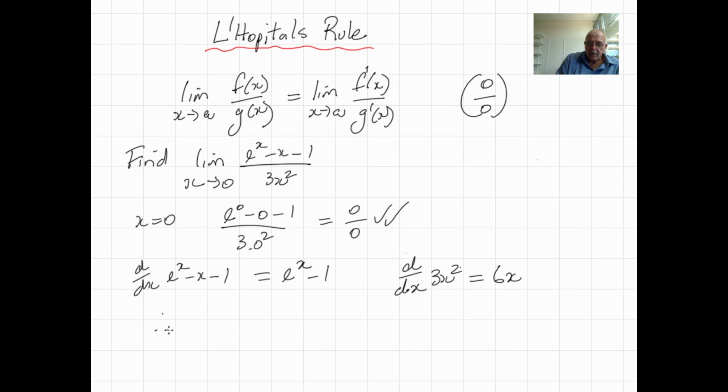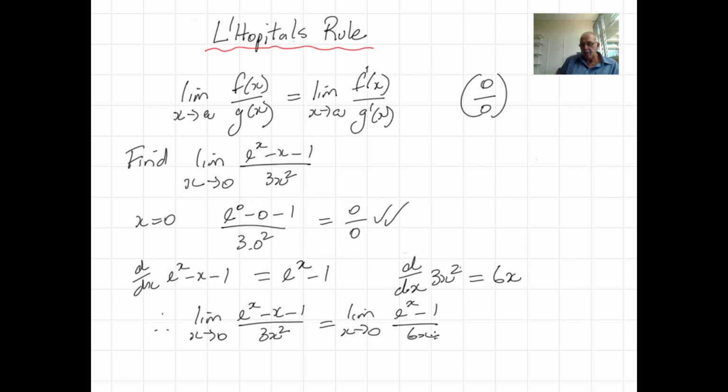So now we can say that the limit as x approaches 0 of e to the x minus 1 over 3x squared, this is the original question, equals the limit as x approaches 0 of e to the x minus 1 over 6x.